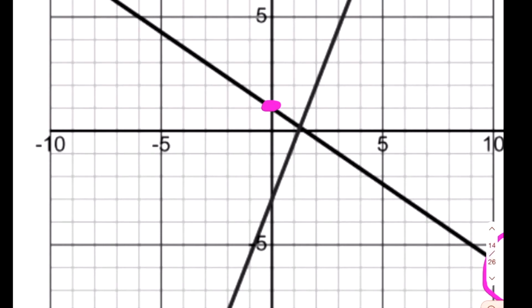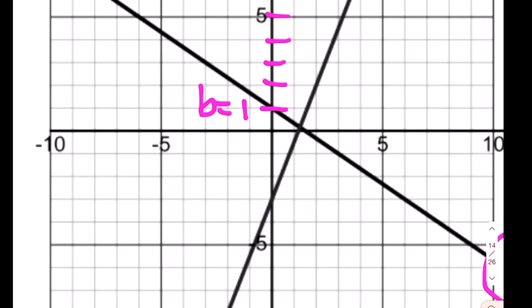Just tell me how much is this on the y-axis. 1. Well done. 3? No, it's 1. Look, this is 5. Can you see it? So I'm going to delete it and count for you. Look, 1, 2, 3, 4, 5. So this is 1. And this is your intercept. This is your b.